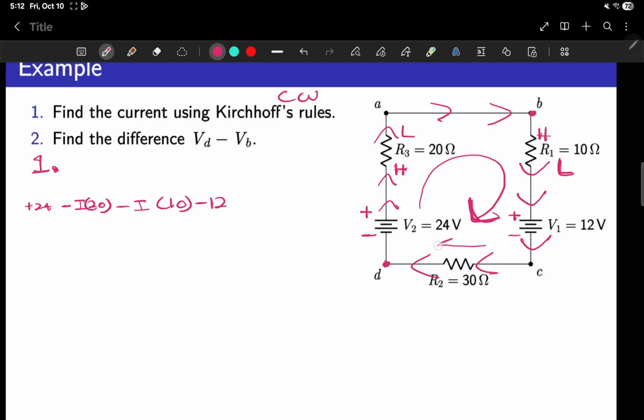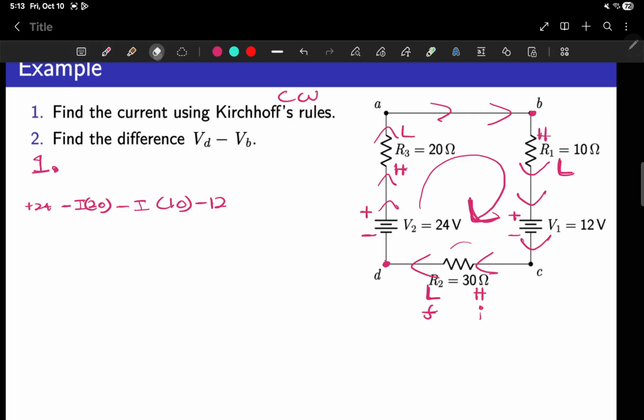Now I move through R2, going that way. Again, current flows from high potential to low potential. So again, that's the final position, that's the initial position. Initially at this position the potential was higher, but as the charges moved that way, at this final position they kind of lost some of that potential because of the resistor.